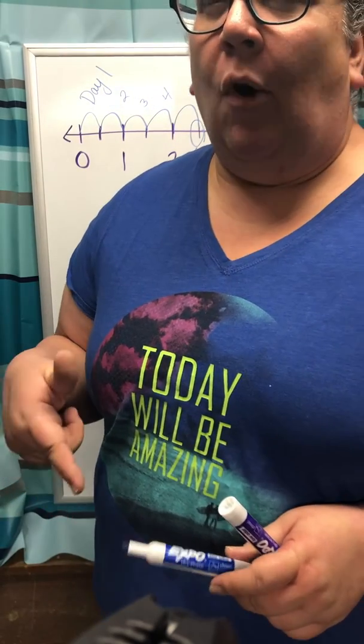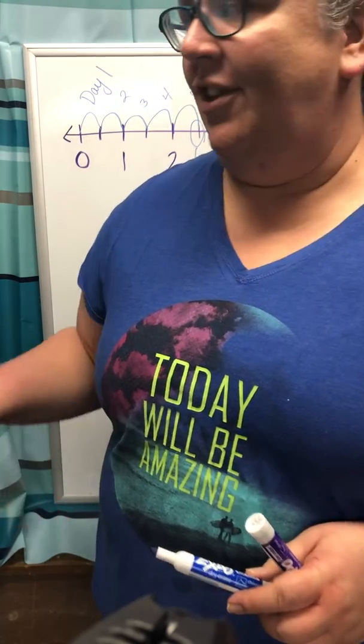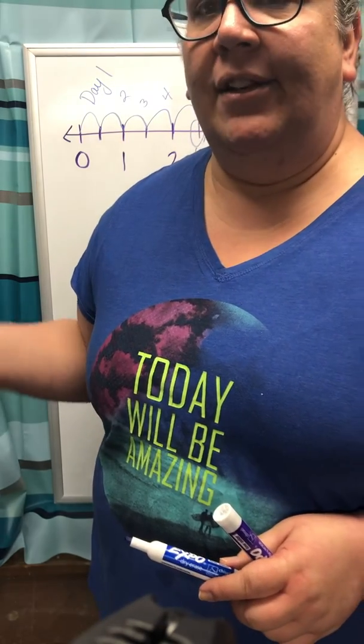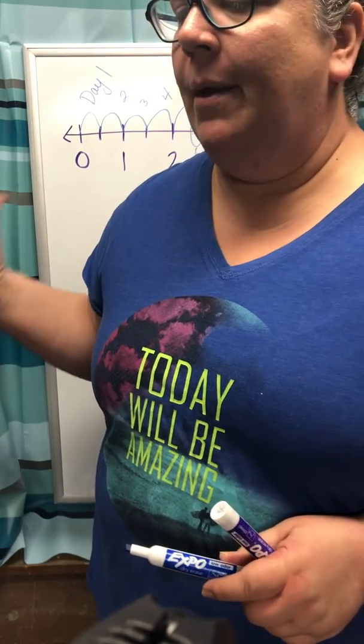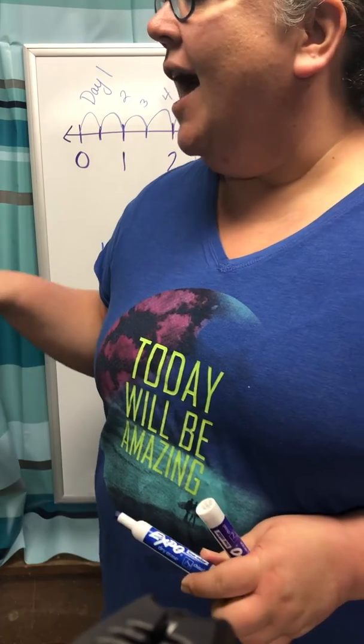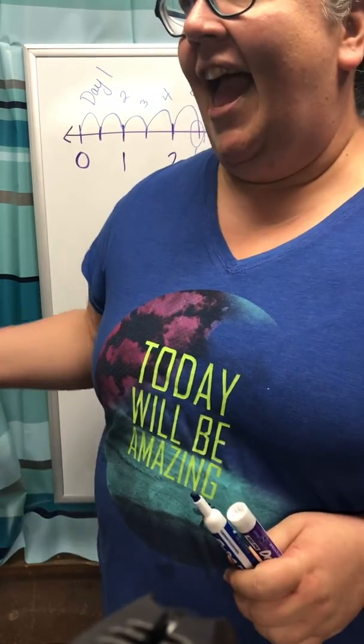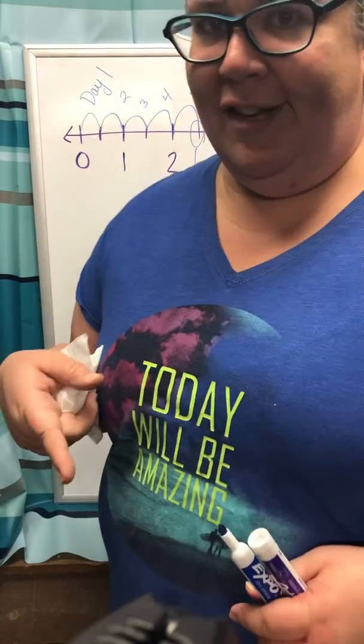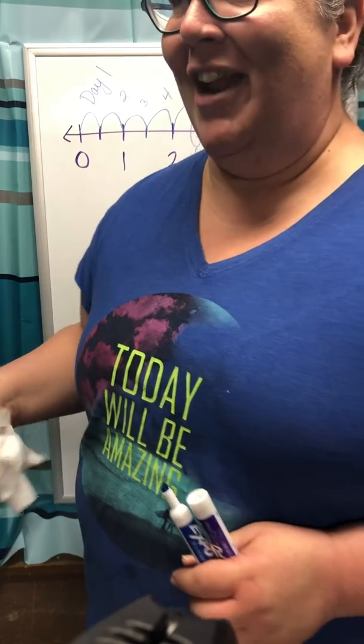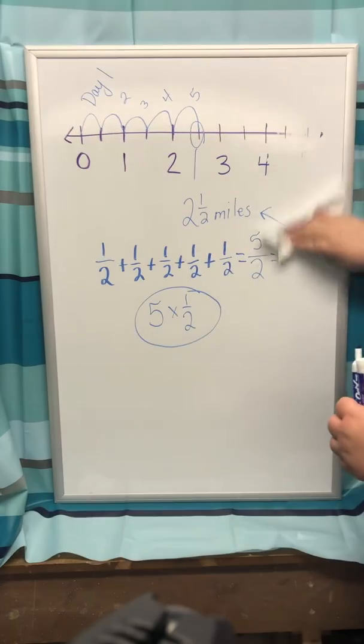So you can pause right here if you'd like to do that first. I'm going to solve the problem on the board, but I would like you to try it yourself. Then you're going to stop there, and I'm going to go through some of the guided practice with you. So this would be a good time to pause if you'd like to try it on your own.